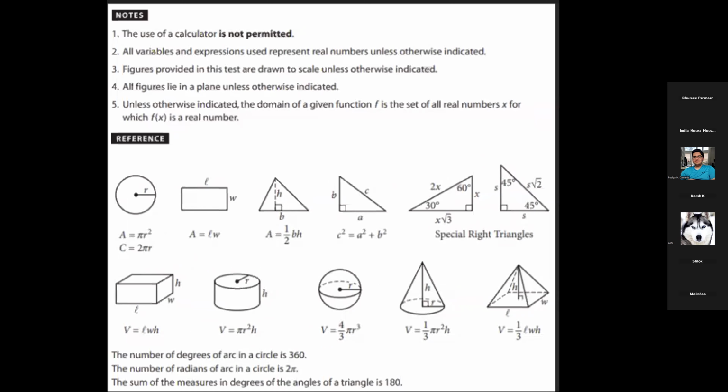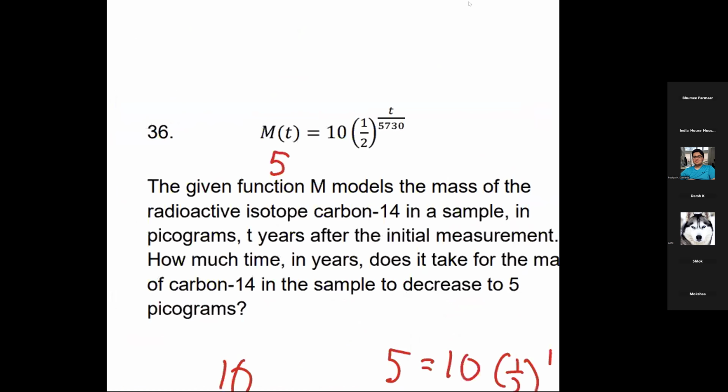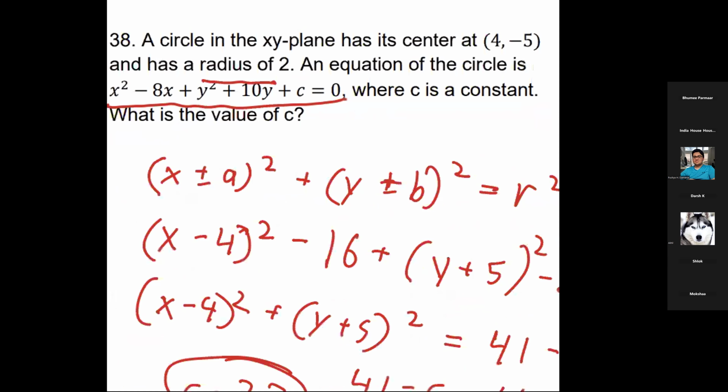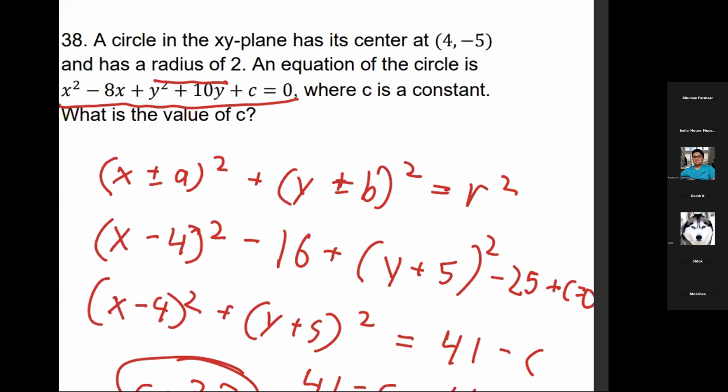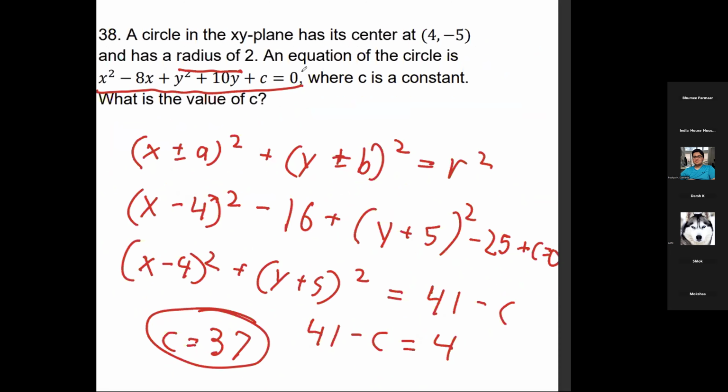Someone asked, how did you get 41 minus C equals 4? Well, let me go back. Okay, so for this question, basically, I converted this form into this form so that we got negative 16 and negative 25 here.